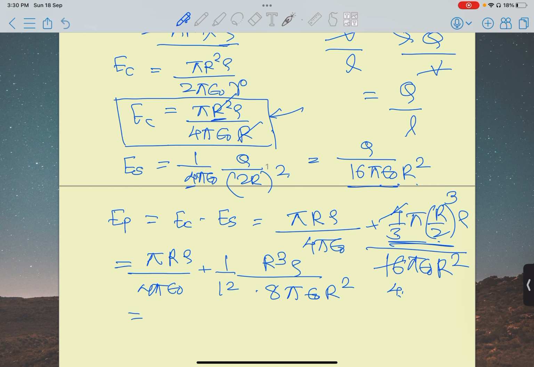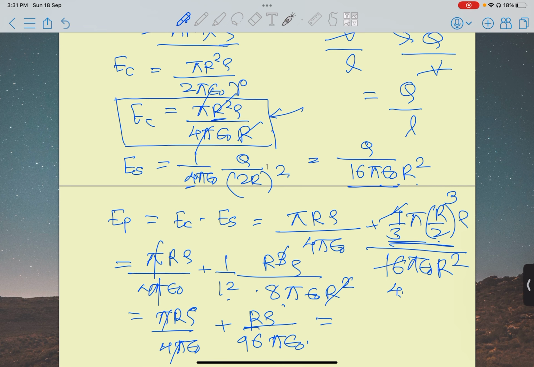We can further simplify this R square, and there will be only R left in the numerator. So we have R rho over 4 epsilon naught minus R rho over 96 epsilon naught.